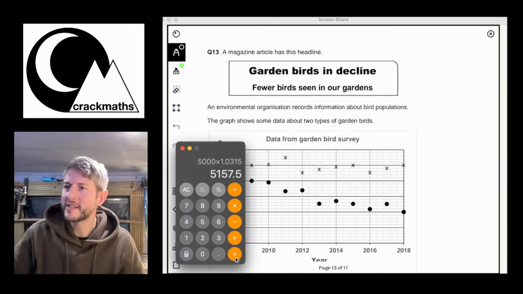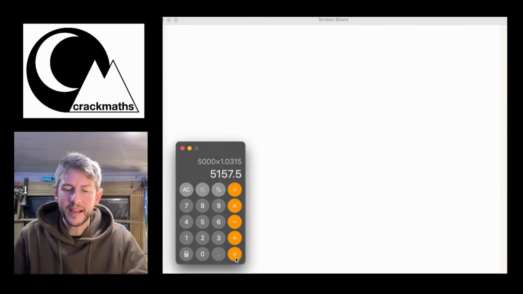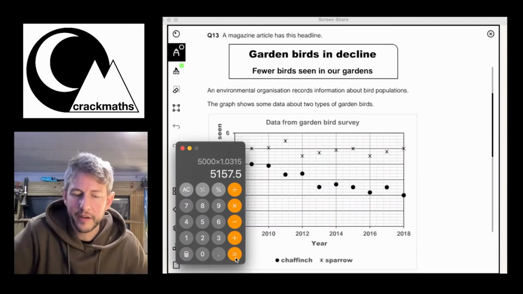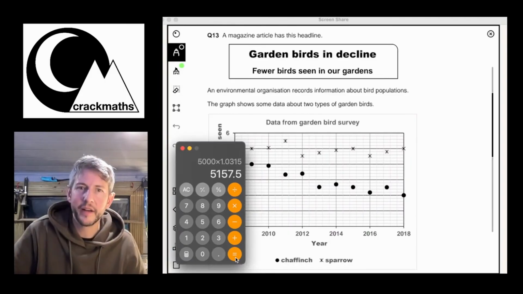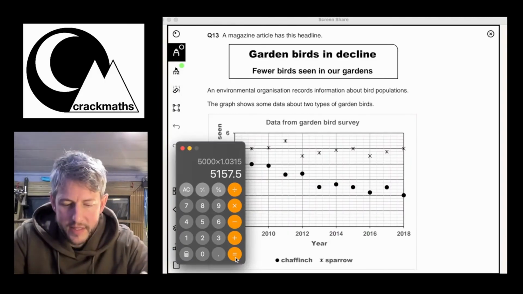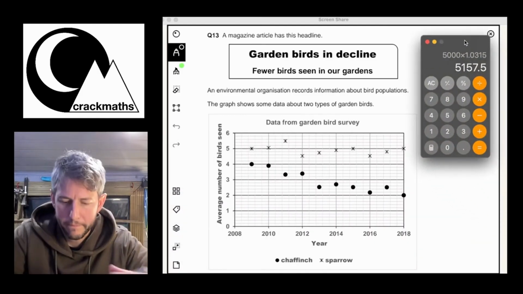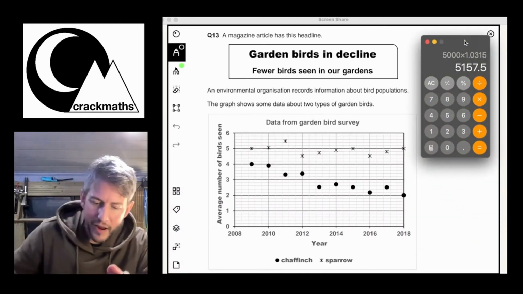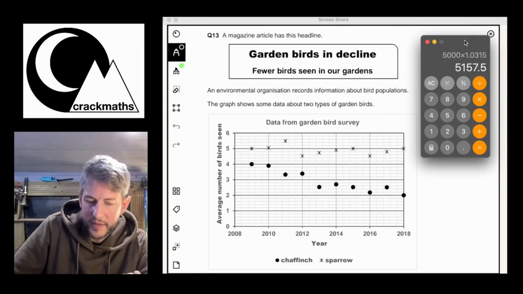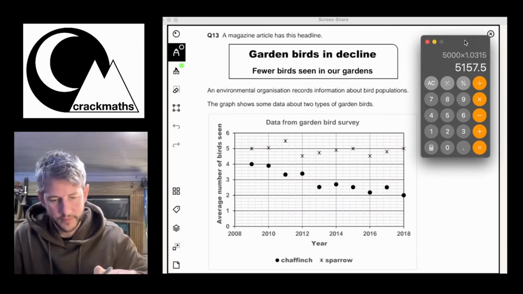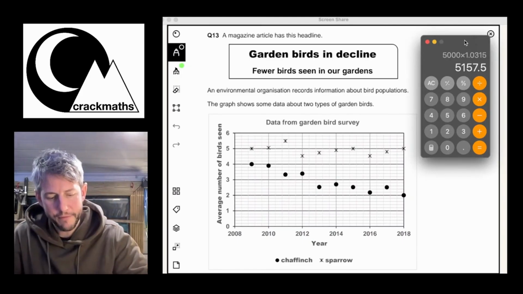Right, question 13. A magazine article has this headline: Garden birds in decline. Fewer birds seen in our gardens. Okay, let me just move the calculator. Okay. The graph shows some data about the two types of garden bird. Okay. So here we go. We've got chaffinch and sparrow.